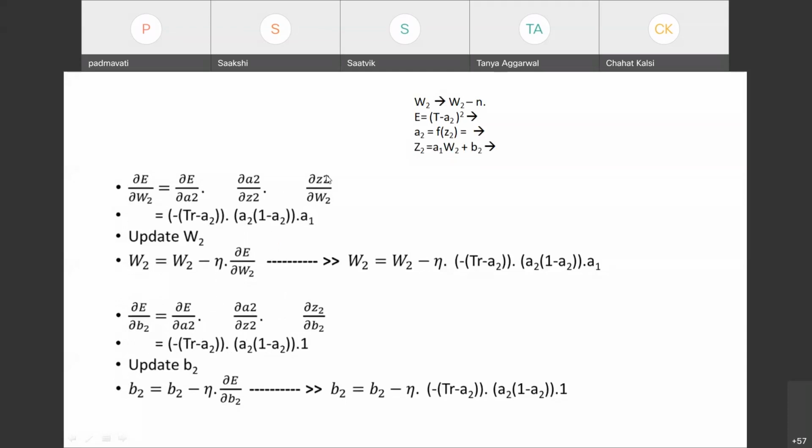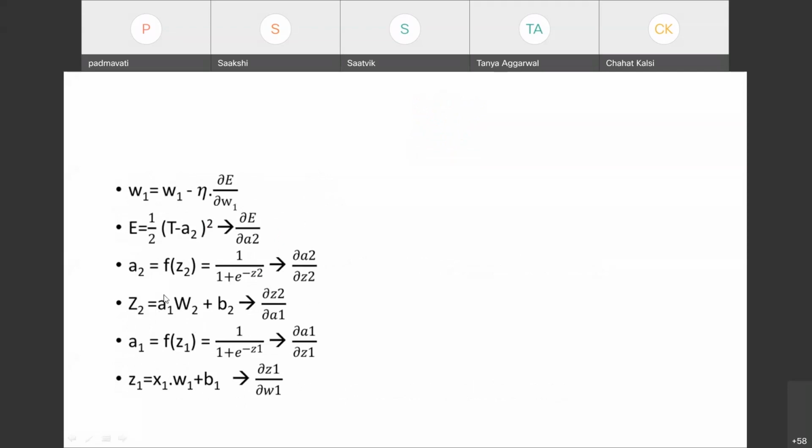Okay, if not, then we may take it up in the next session, but you take this as homework. Whenever I compute the derivative of a2 with respect to z2, you will always get a2 into 1 minus a2. Okay, next, ∂z2 with respect to w2. How do I get that? This time I will be applying the derivative with respect to w2. Suppose I have ac plus b, and I have to compute the derivative of the whole function with respect to c.